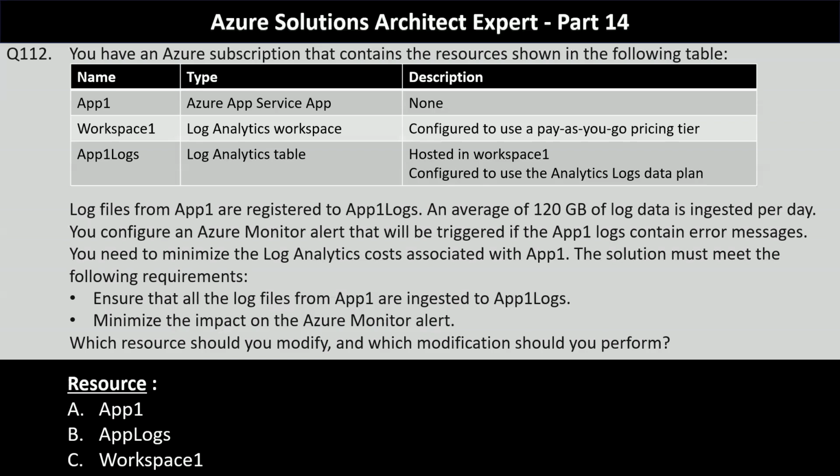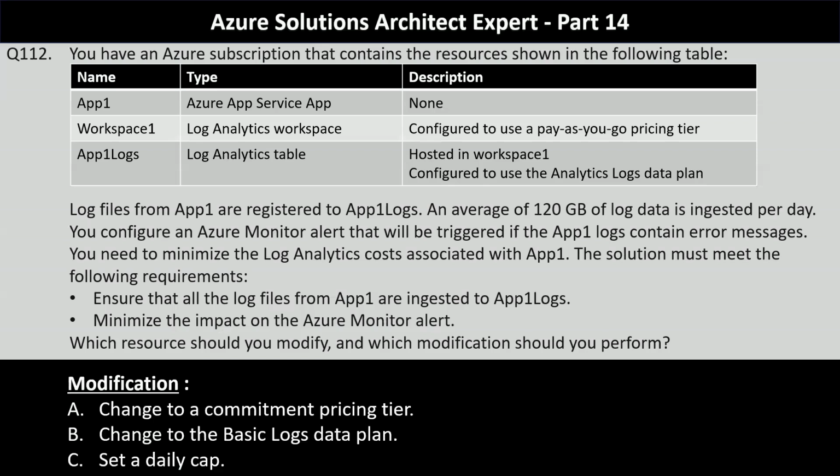And friends, the resource that you should modify is workspace 1. This is the log analytics workspace where the logs are ingested. Modifying this resource helps manage costs associated with log ingestion. Now, the next part of the question is talking about modification. And your options are change to a commitment pricing tier, change to the basic logs data plan, set a daily cap.